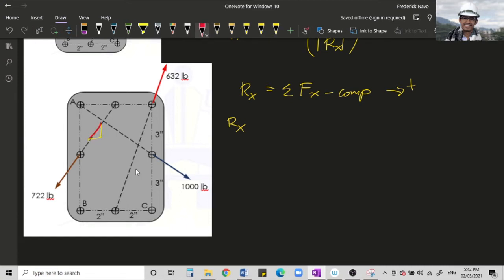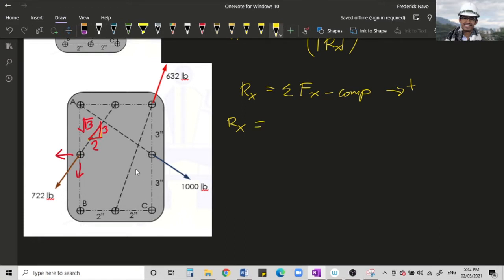So this is 2 and this is 3 inch. So yung hypotenuse natin, so this will be automatic square root of 13. Tama? So for the x component ng 722 pounds, so that will be going to the left, no? So yung 722 pounds natin, going to the left, so that is equal to negative.